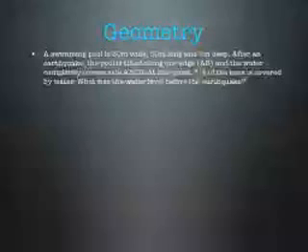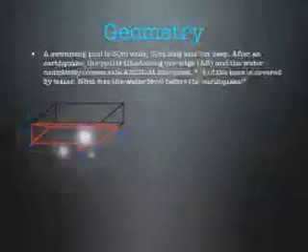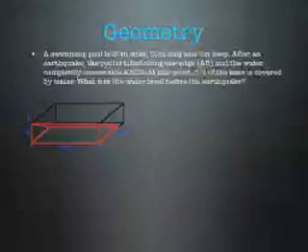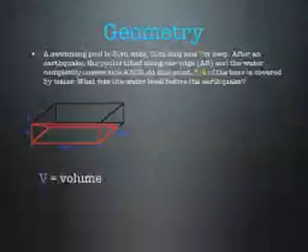So what we're going to do is find the area, or find the volume more like, of the prism, and relate that back to the volume equation for a parallel box, and then we're going to solve for the unknown.